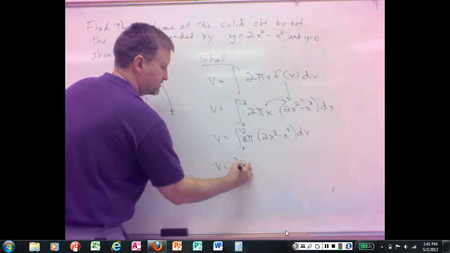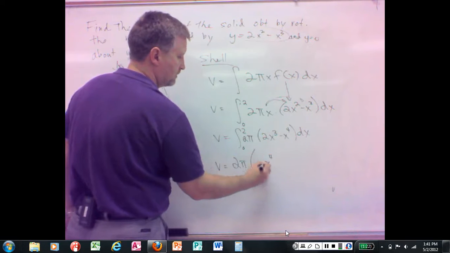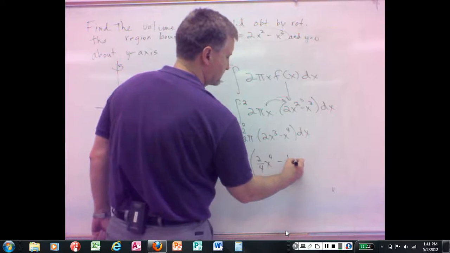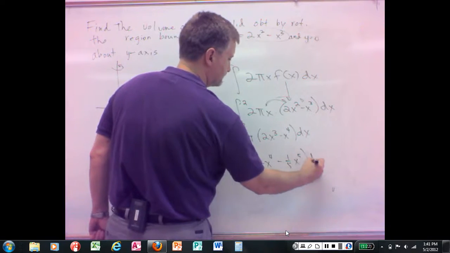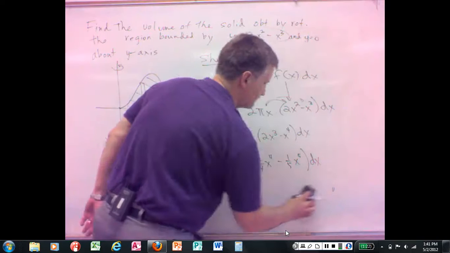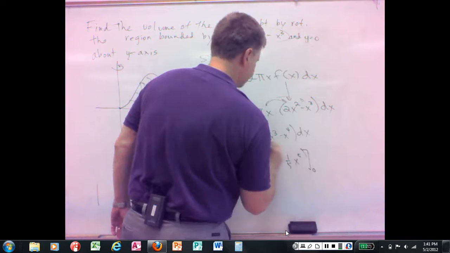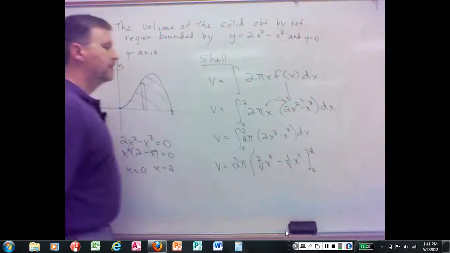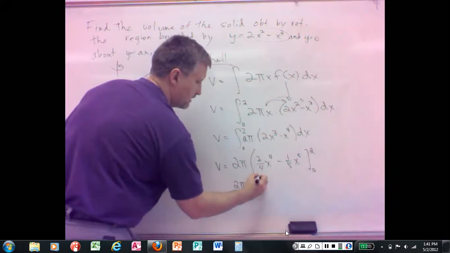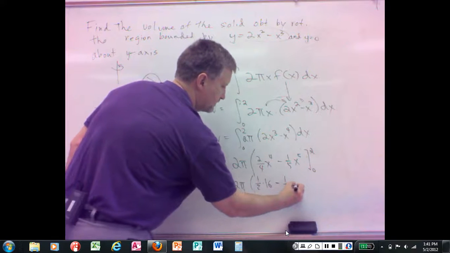So that would be 2 pi times, add 1, that would be 4. It would be 2/4 x to the 4th minus 1/5 x to the 5th. Already done dx, so it's 0 to 2. So I have 2 pi times 1/2 of 16 minus 1/5 of 32, wouldn't it?